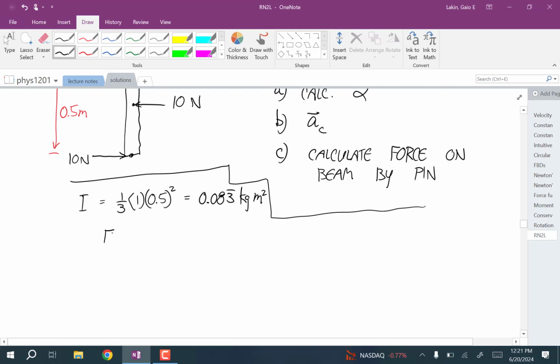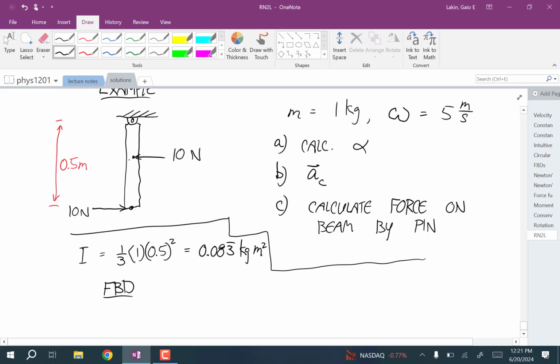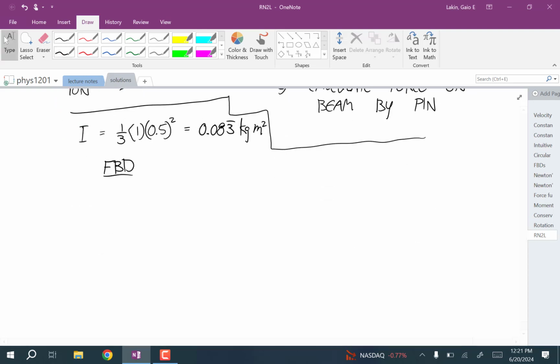And now I'll draw the free body diagram. And this is the free body diagram I'm going to use for the rotational Newton's second law and the one that I'm going to use for Newton's second law later when we're calculating those contact forces. So at the pin, we have our unknown forces, Rx and Ry.